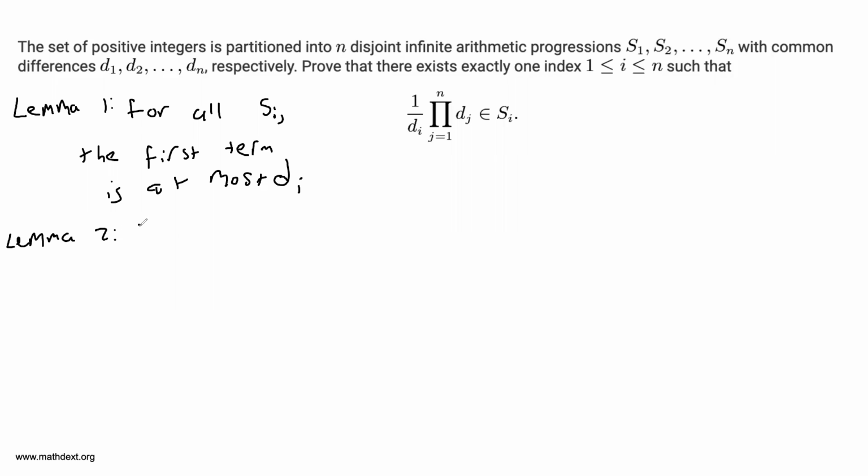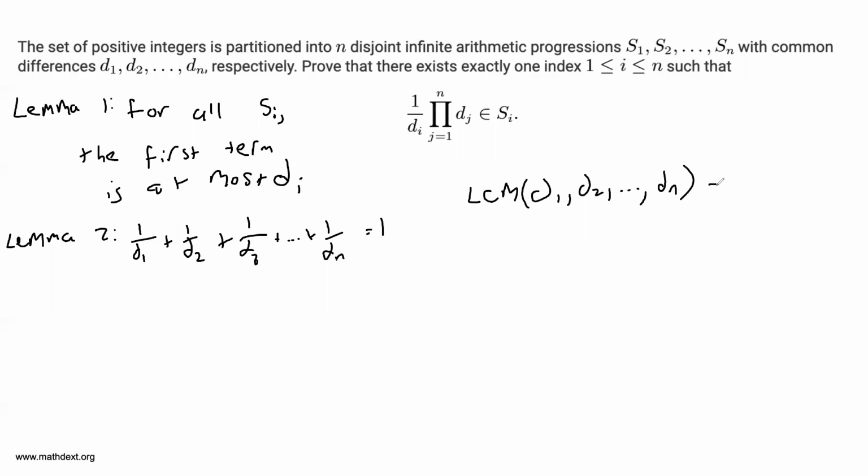which is going to be that the sum 1/d1 plus 1/d2 plus 1/d3 plus etc., plus 1/dn, is equal to 1. And the way we prove this is we take the least common multiple of all the di's.